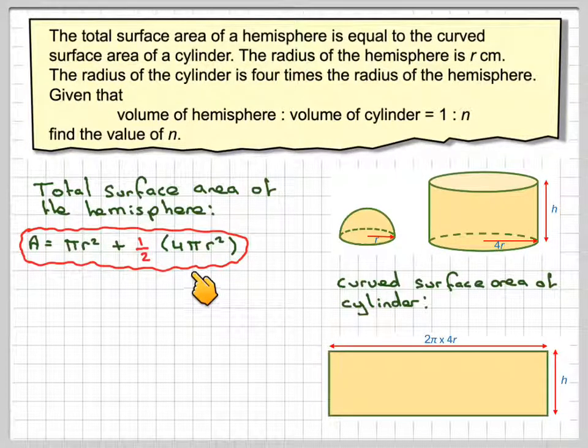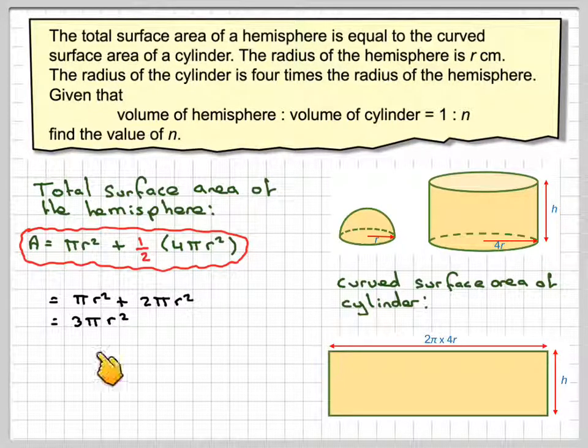Half of 4 is 2, so we get pi r squared plus 2 pi r squared, and therefore we're going to get 3 pi r squared. The area here is going to be 2 pi r times 4r times the h, which gives me 2 times 4, which is 8 pi r h.